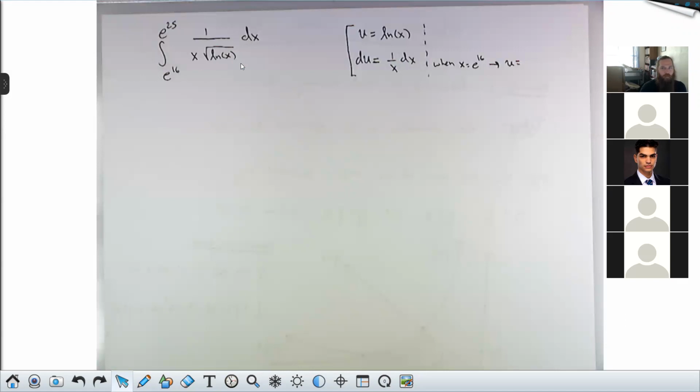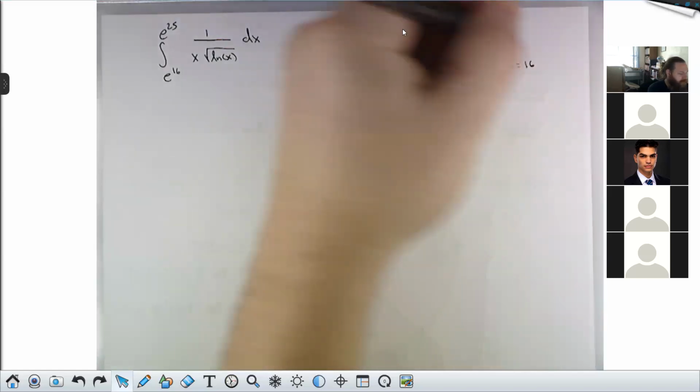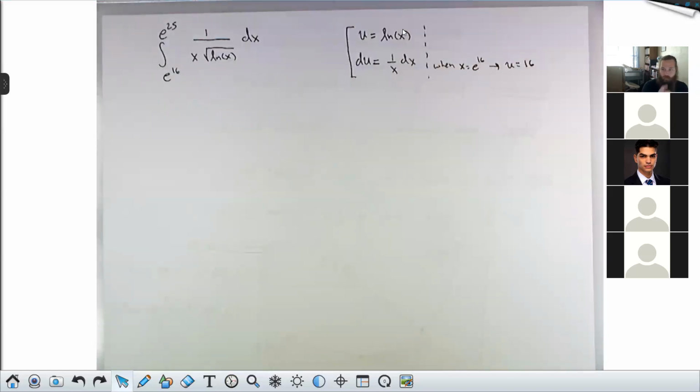Yeah, very good. We plug that x value in here. If I plug in e to the 16 for x, I get the natural log of e to the 16, and the natural log of e to the 16 is 16. That's like what we were talking about simplifying logs earlier.